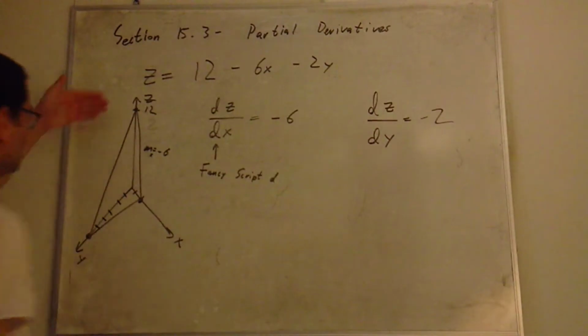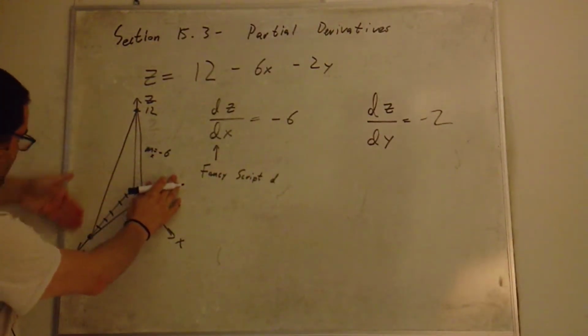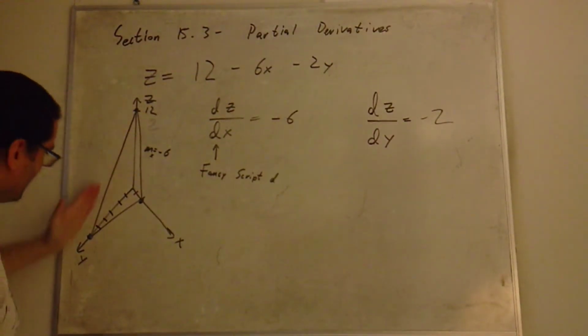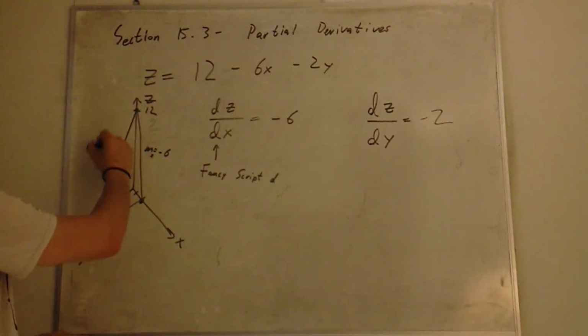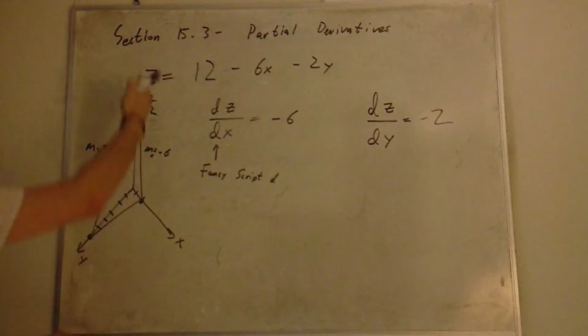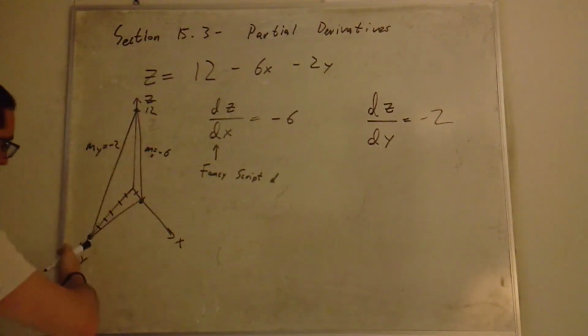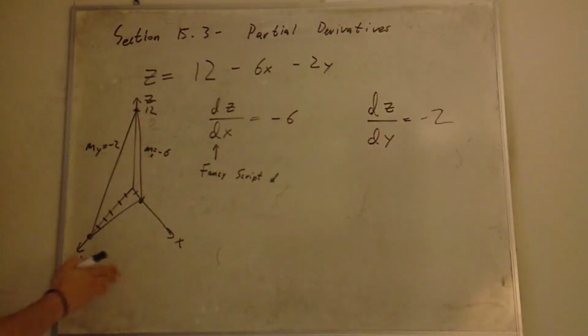And hopefully we can see that here as well. This is what happens if we sort of ignore the x and look at these things. This is going from 12, a very constant straight line, down to 6. So this my is negative 2. On this axis, we decrease at 2 units per y value, and this one we decrease at 6 units per x value.